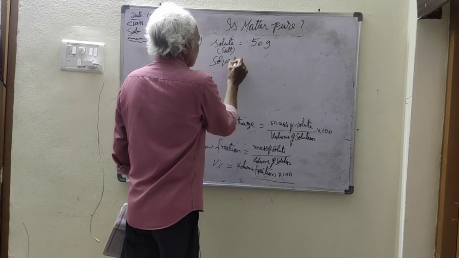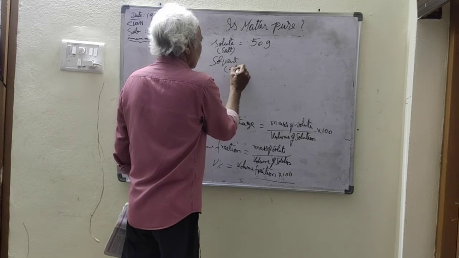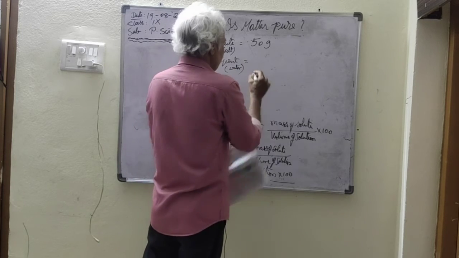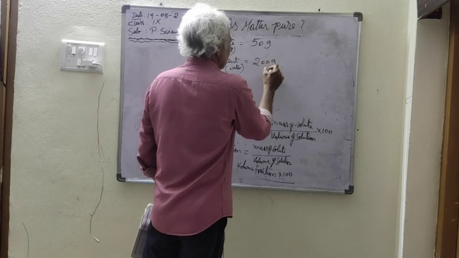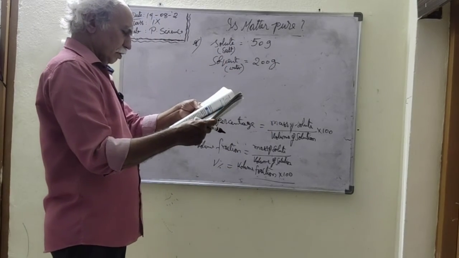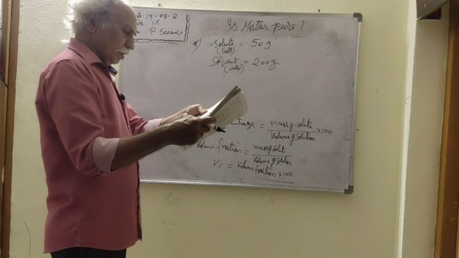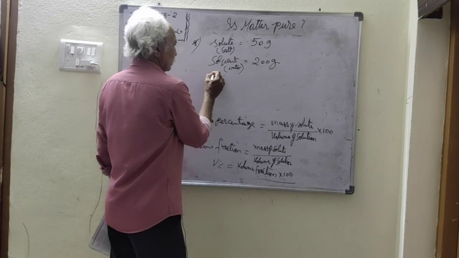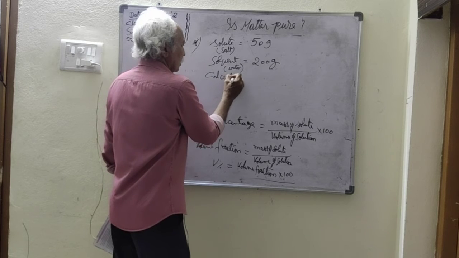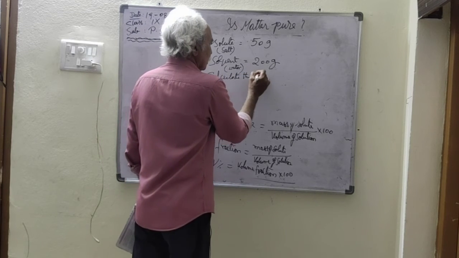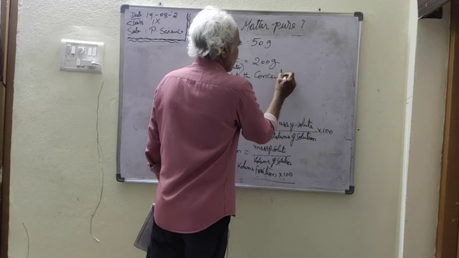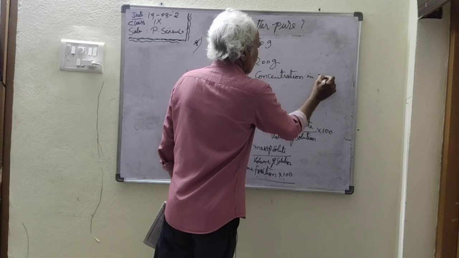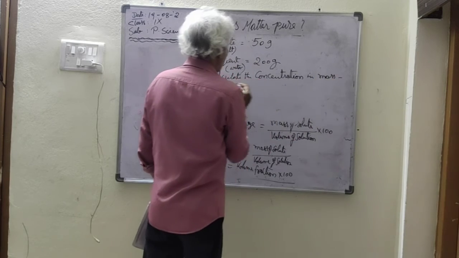The solvent is the water, 200 gram. Calculate the concentration in mass percentage.